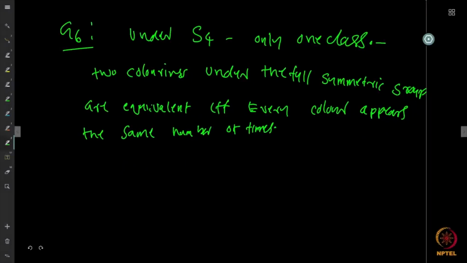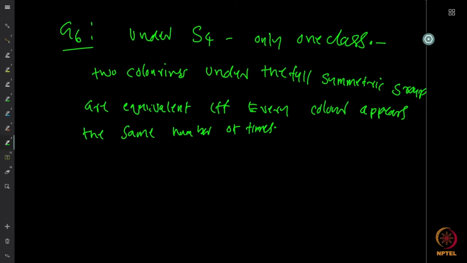Then you have finally G6, which is the set of all permutations. There is only one class, because we are saying that no matter what permutation we take, they are all equivalent, right? So by permutation, you can always get a coloring from one to another, if the number of times each color appears is the same, right?